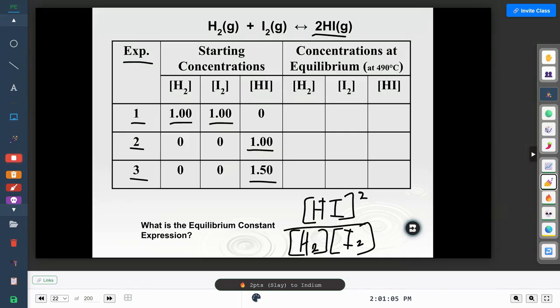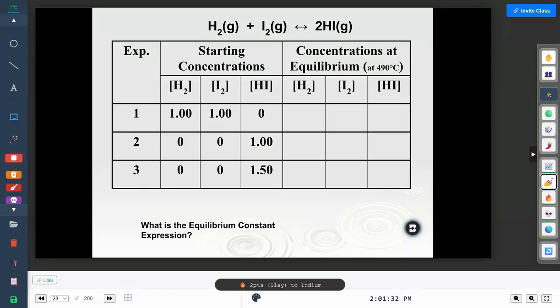All we got to do is plug in some numbers. If I have a 1 and a 1, those are going to be 0 divided by 1. Then if I go over here, HI, that's a 1 on top, 1 squared, and 0's on bottom. And then 1.5 on top, squared, and then divided by 0's there.